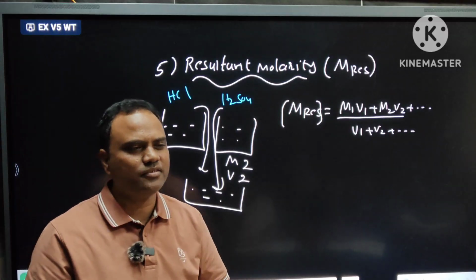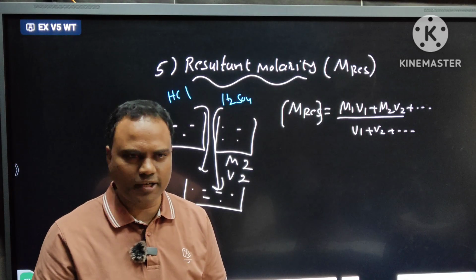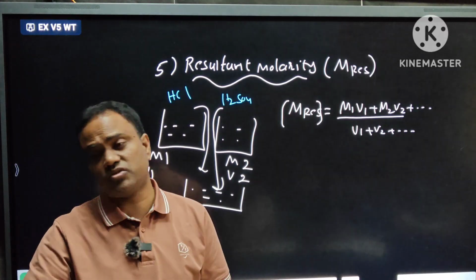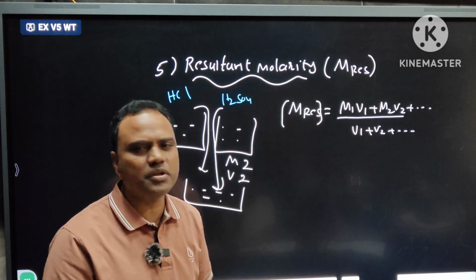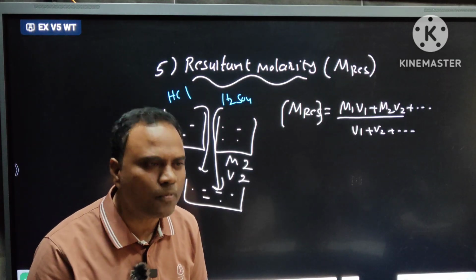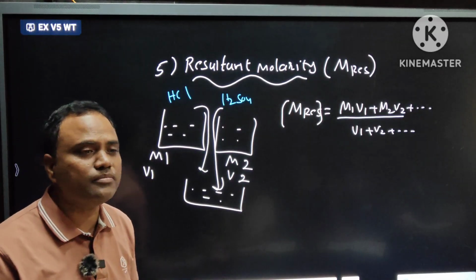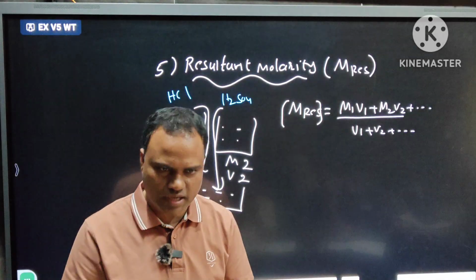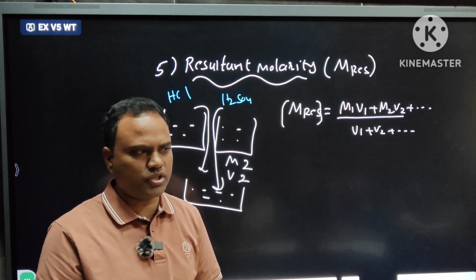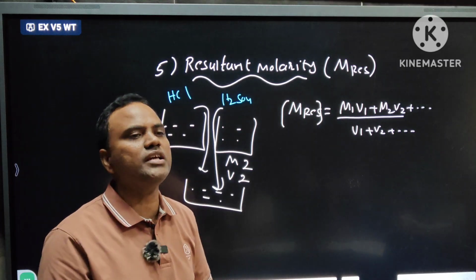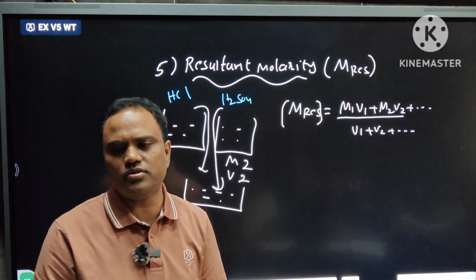Another formula is there for that. To calculate molarity when we mix one acid and one base, another formula is there. We use M1 V1 plus M2 V2 by V1 plus V2 when we mix two similar natured solutions: two should be acids, or two should be bases, or two should be neutral solutions. Only then do we use this formula.